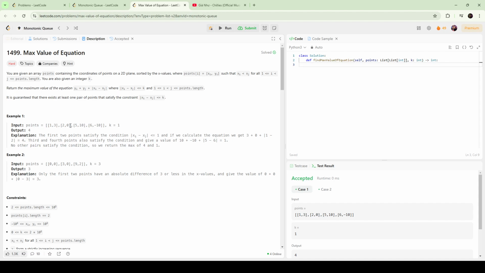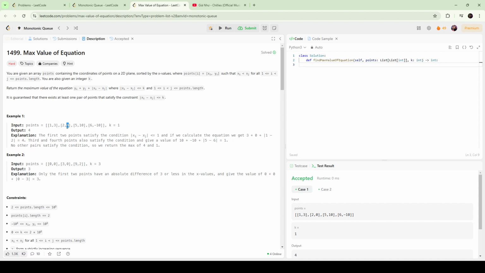So how about this guy? For this guy, there's actually a point that is validated, since 2 minus 1 is smaller or equal to 1, so we can use this as a pair. What is the maximum value of the equation?